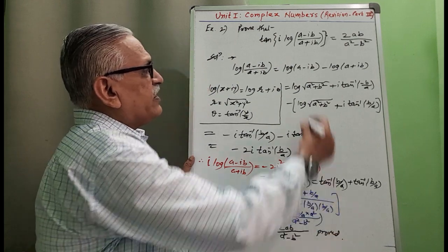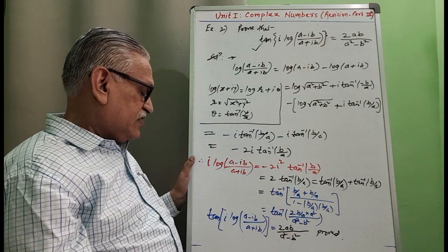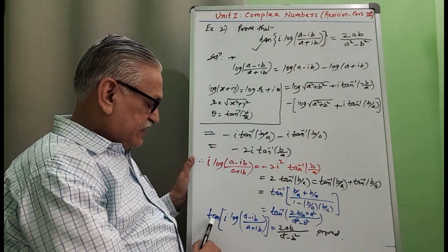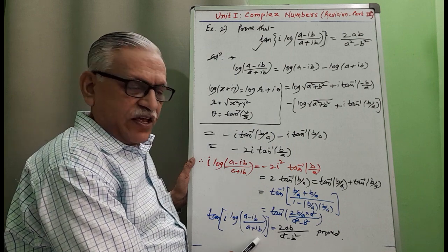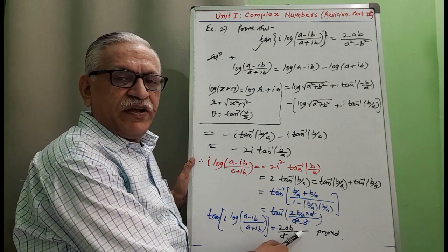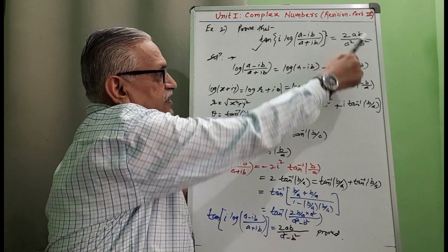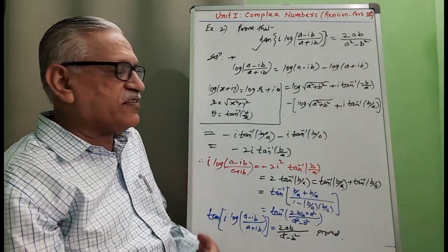Hence proved, we get the required result. Therefore, the required result is tan of I times log of a minus ib divided by a plus ib is equal to 2ab divided by a square minus b square.